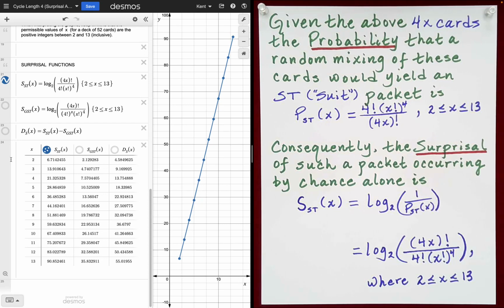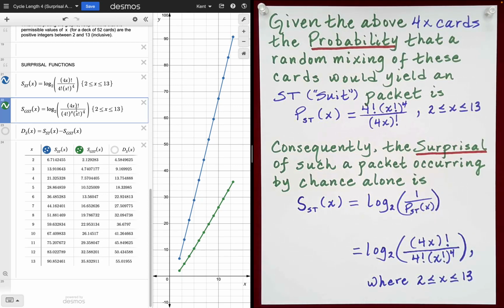So let me go ahead and highlight the second surprisal function. And let me point out now that the subscript is GST, where the G stands for Gilbreath, shuffled. And the ST, of course, is our organization of the cards where it cycles through the 4 suits in some consistent fashion.